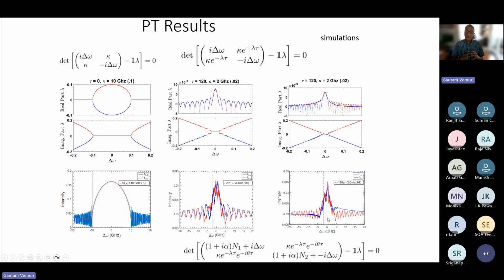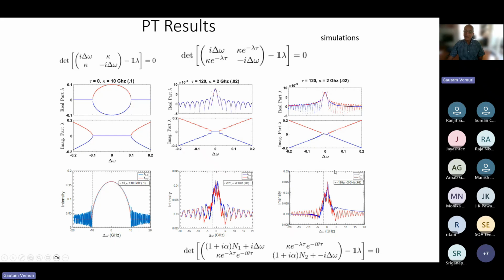The reason this happens is that in order to vary the detuning between the two lasers, we hold the frequency of one laser fixed and we scan the frequency of the other laser. The laser whose frequency is being scanned is in blue. The red is the one that is responding, and that's the one that shows all these transitions.